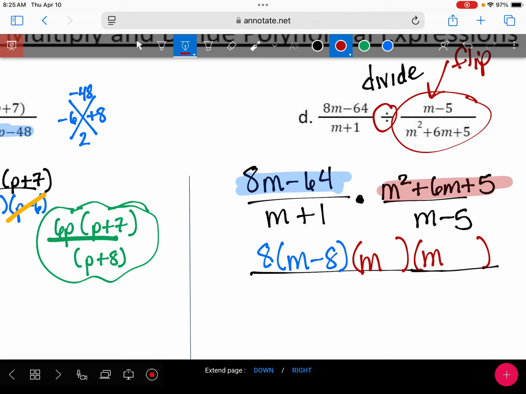Anybody got the numbers? Gabriel, what you come up with? 2 and 3. Well, not quite. You're close, but they have to multiply to be 5, and they have to add to give you 6.